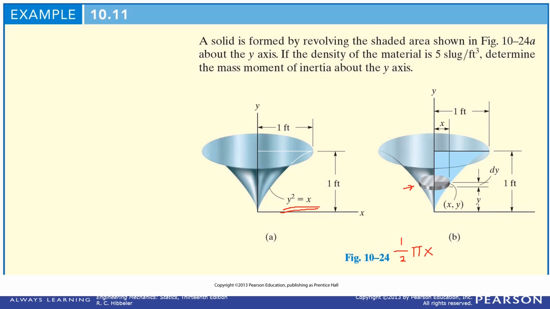X squared is the radius now of the disk. Area times the height, dx. That gives you the volume of that little differential disk times rho. That's the moment of inertia of the disk. And we just add all the moments of inertia up. We integrate, in other words. dy, oh, excuse me. I got to change this to a dy, not dx. There we go.